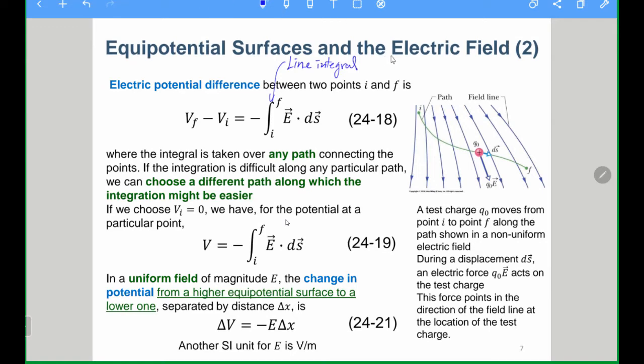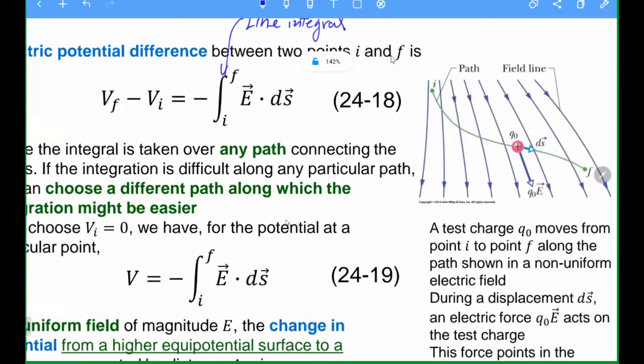Let's look at this figure. First, we can observe that the blue arrows are all the E field. It is generally not uniform.